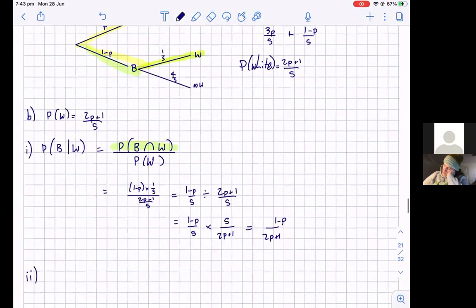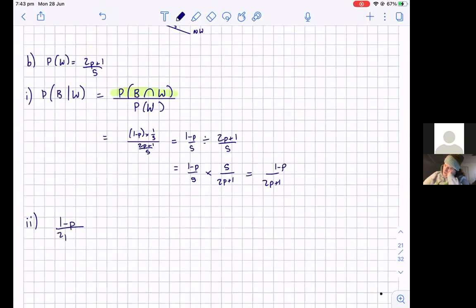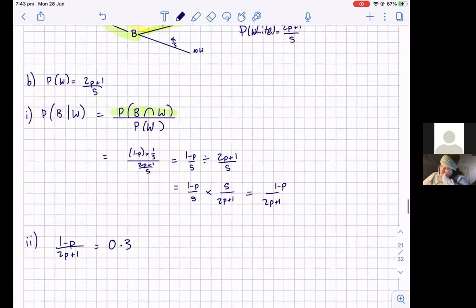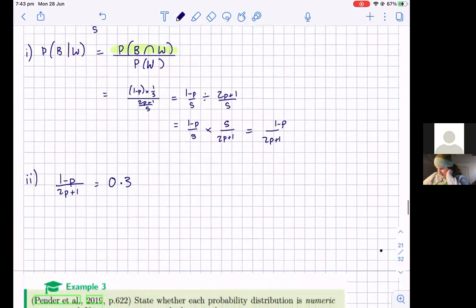So we know 1 take P over 2P plus 1 equals 0.3. And that's what they're getting us to solve, presumably. So we have 1 take P equals 0.6P plus 0.3. P's on the left, other numbers on the right, we've got 0.7 equals 1.6P. So 7/16 equals P.